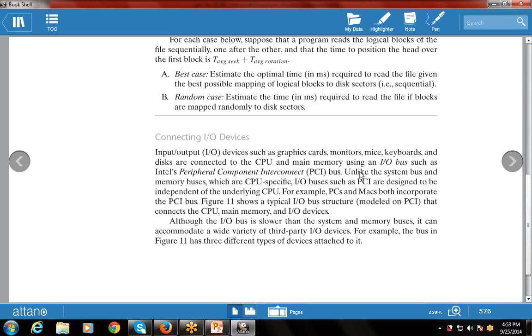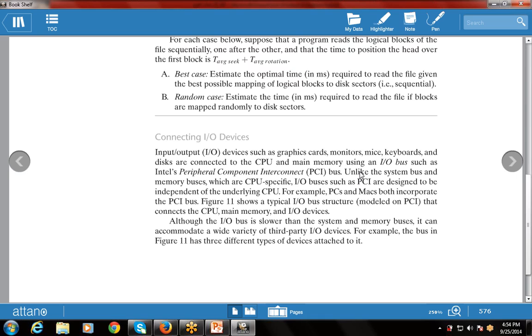Input-output devices such as graphic card, monitors, mouse or mice, keyboards and disk are connected to the CPU and the main memory using the input-output bus such as Intel's PCI, that is Peripheral Component Interconnect, or PCI bus.